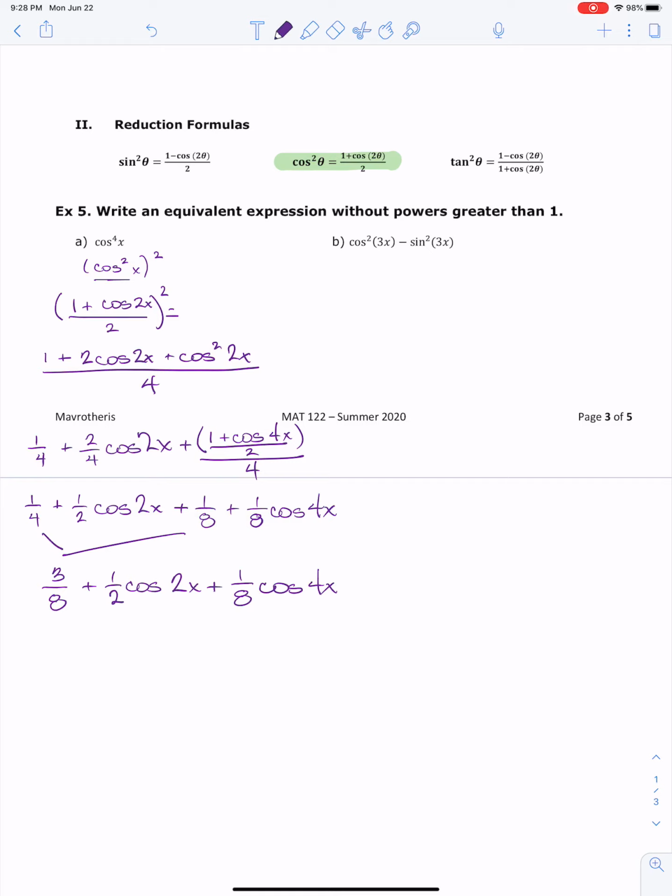Notice we no longer have any powers greater than 1. So that one's done.